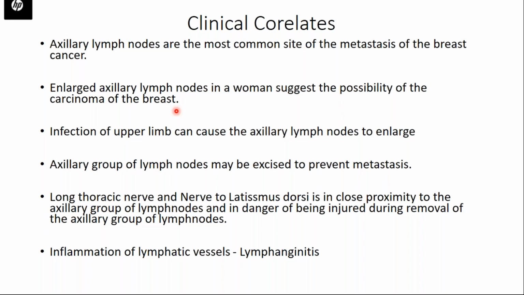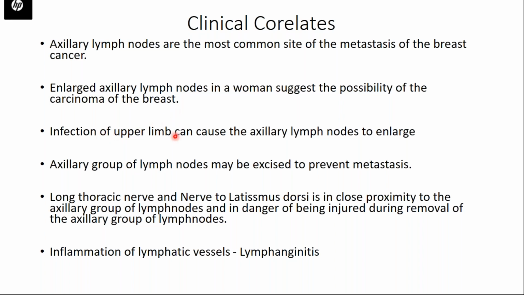Suspect breast cancer; there could be a hidden cancer in the breast, and you can suggest the person undergo mammography, which can detect cancer of the breast.